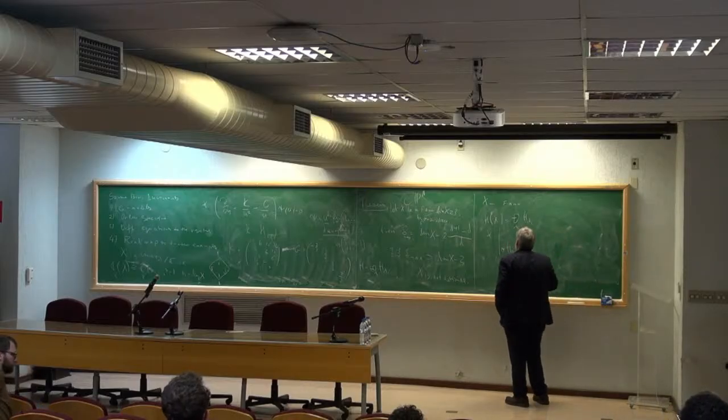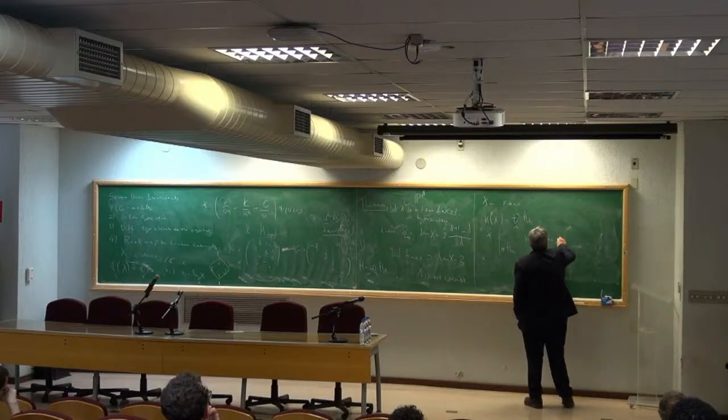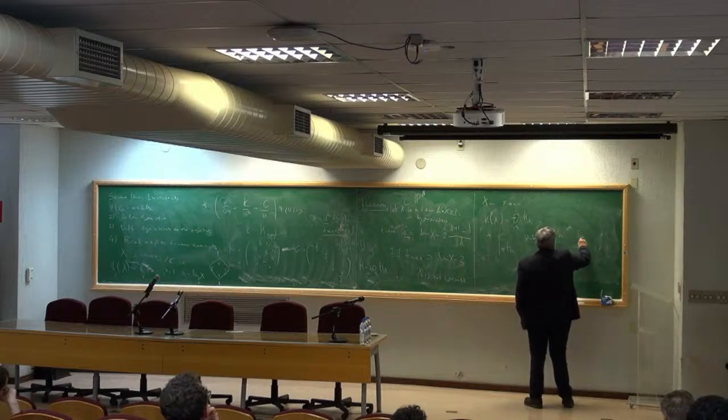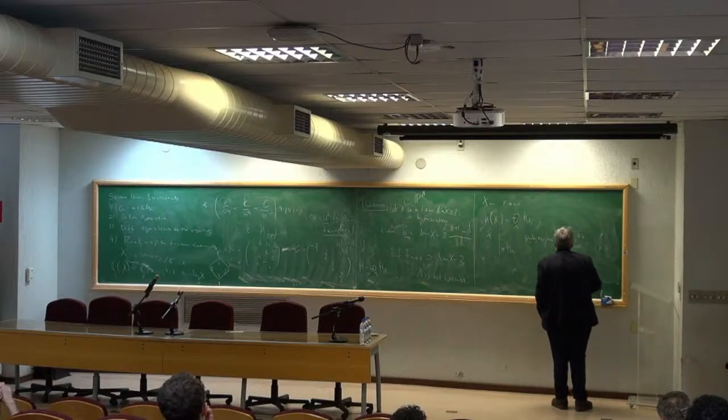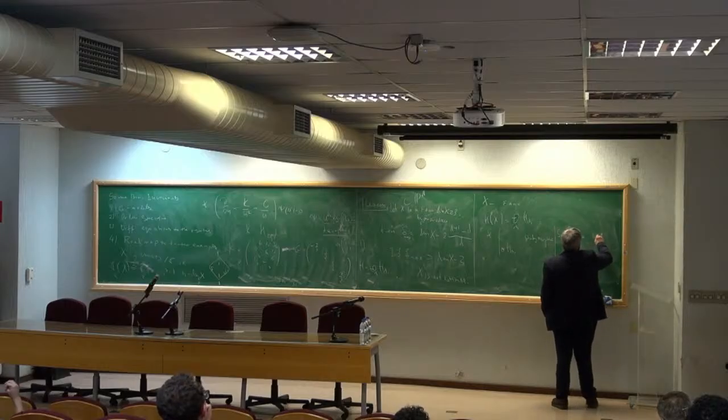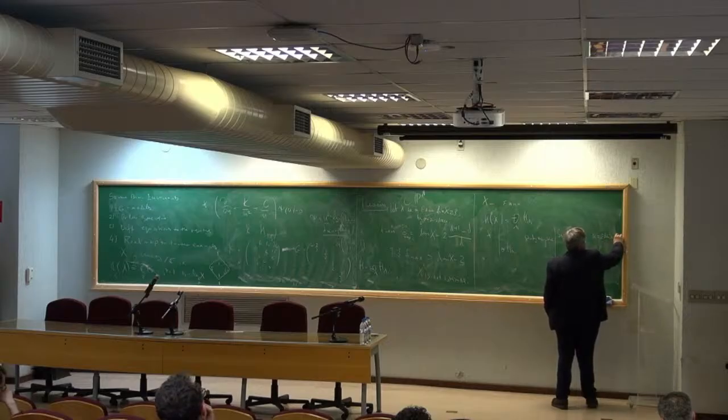And you study asymptotics. So assume that you have delta 1 to delta k as asymptotics, and k is equal to, apologies, 2 times dimension of X minus 2.